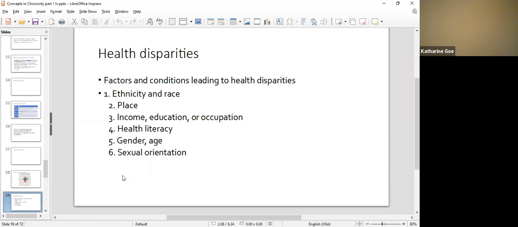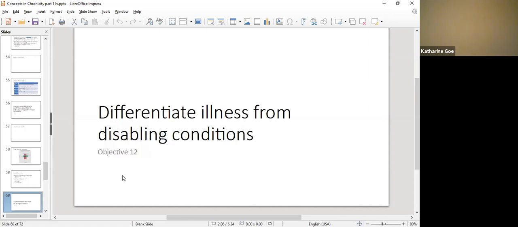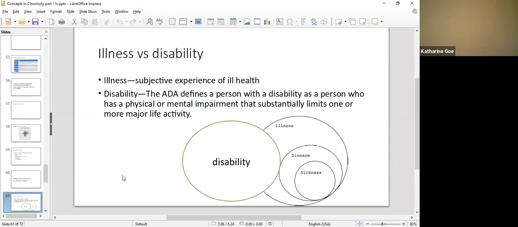Let's talk about disparities and their impacts on health and chronic illness. Some examples include ethnicity and race, where you live, income, education, occupation, health literacy, gender, age, and sexual orientation. Now let's look at how illness differs from disability. This is a pretty interesting way to think about this.